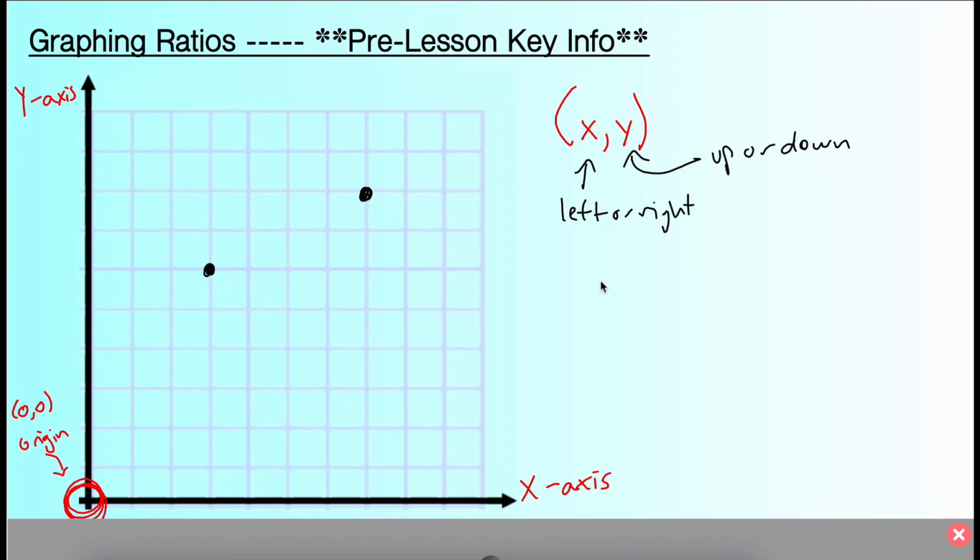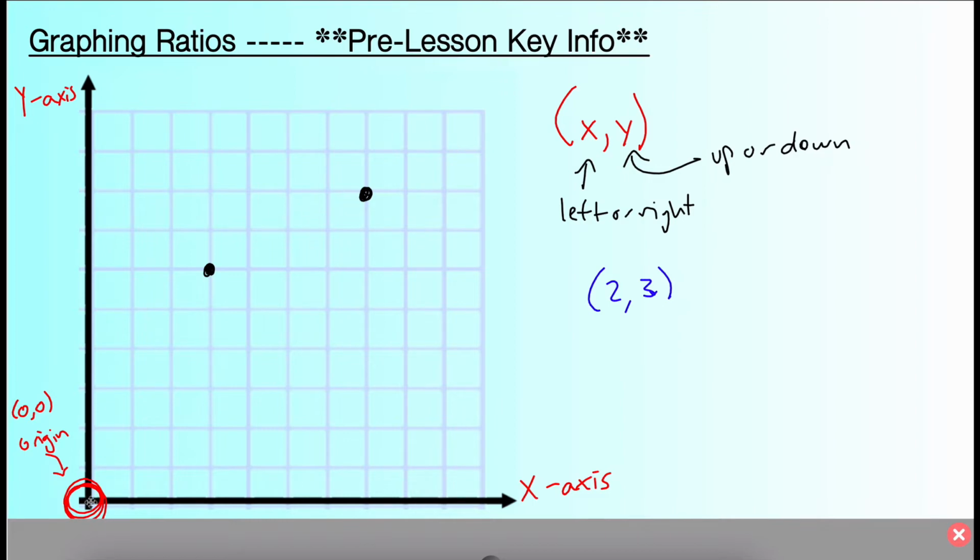So if I had the ordered pair 2, 3, that tells me that I'm going to move 2 to the right, that's the x value, and 3 up. I'm going to slowly plot this point just to make sure we're okay with plotting points. You always start at the origin. Think of the word originate where you begin.